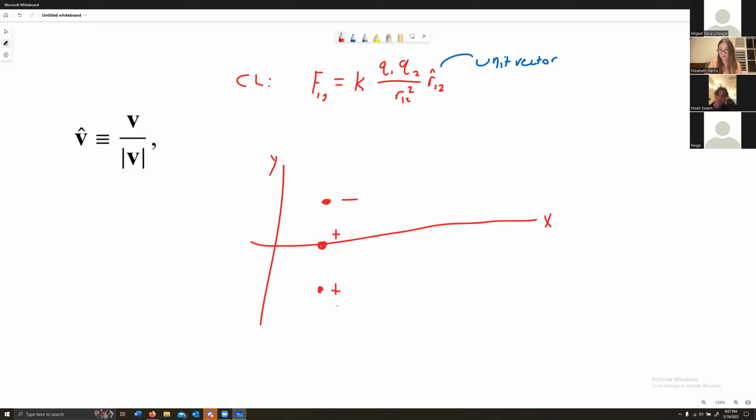It would ask, what is the net force on Q2? This positively charged particle is exerting a repulsive force on Q2, and the negatively charged one is pulling it, so you would have a positive force in the positive Y direction.